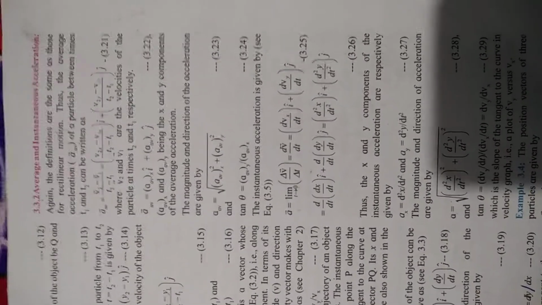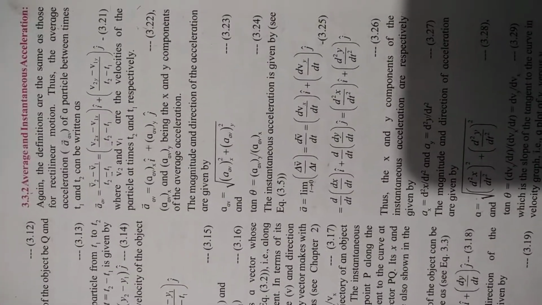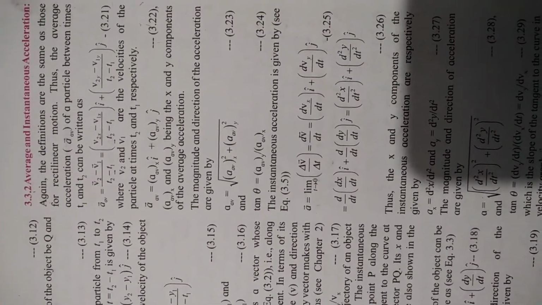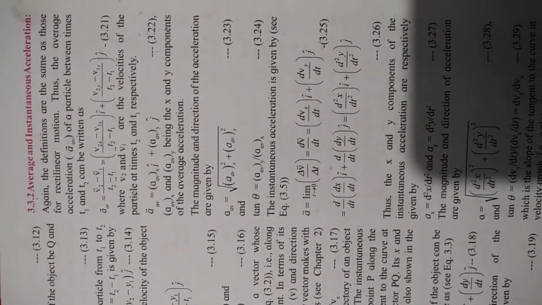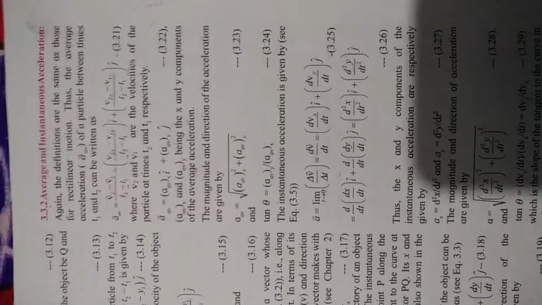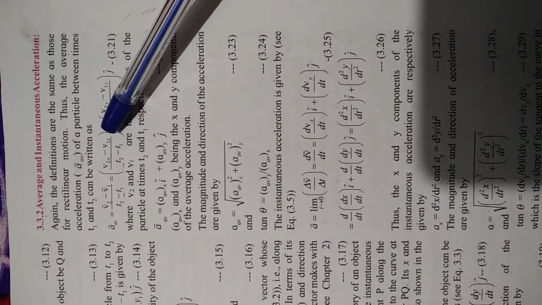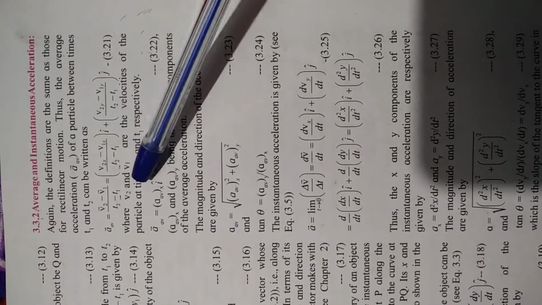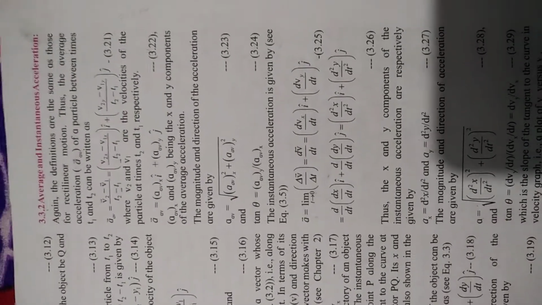Along the x-axis and y-axis we can write what? That is equal to v2x minus v1x, that is final velocity along x-axis v2x, initial velocity along x-axis v1x, divided by t2 minus t1.